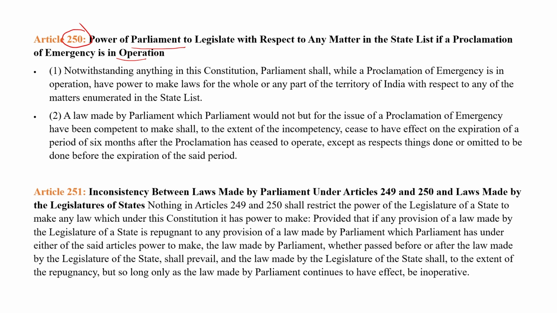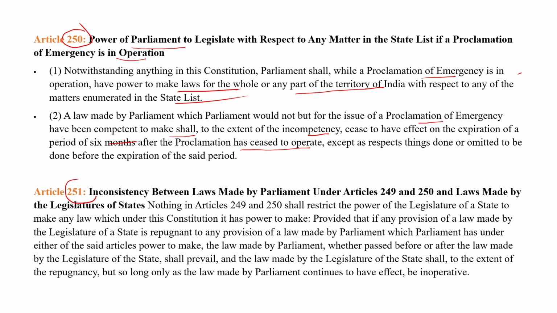Parliament shall, while a proclamation of emergency is in operation, have power to make law for the whole or any part of the territory of India with respect to any of the matters enumerated in the state list. A law made by Parliament which Parliament would not, but for the issue of a proclamation of emergency, have been competent to make shall, to the extent of the incompetency, cease to have effect on the expiration of a period of six months after the proclamation has ceased to operate.